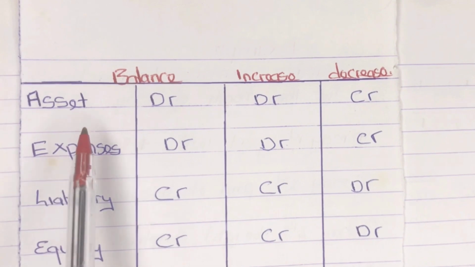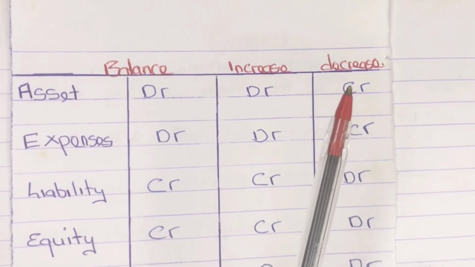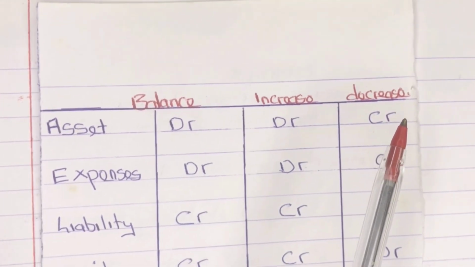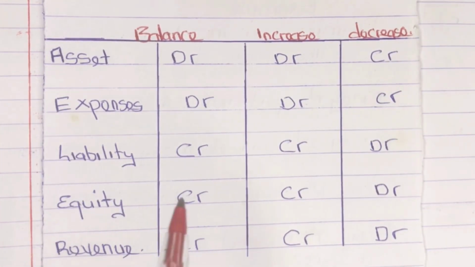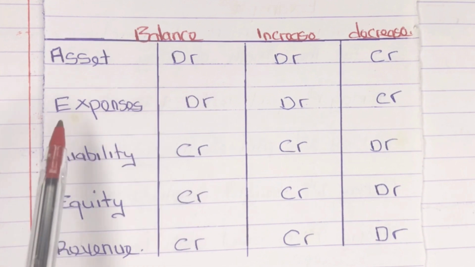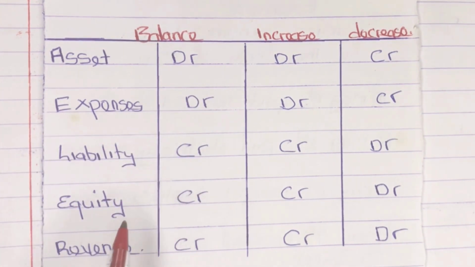So looking at the elements of the financial statement, we have 5 elements: the asset, the expense, liability, equity, and revenue. So this is what we are going to be seeing all the time.